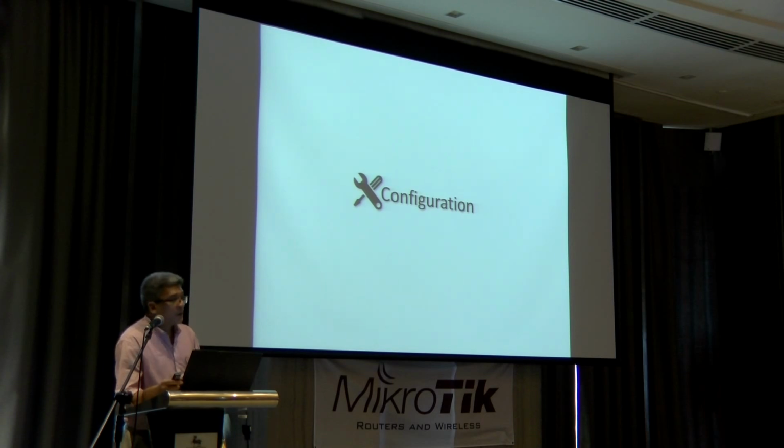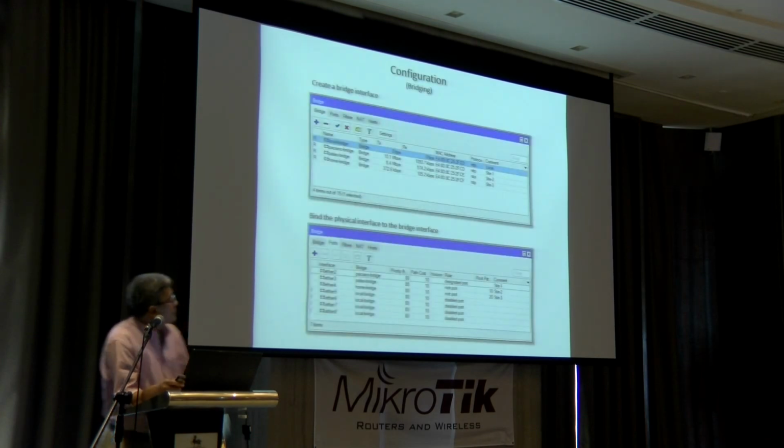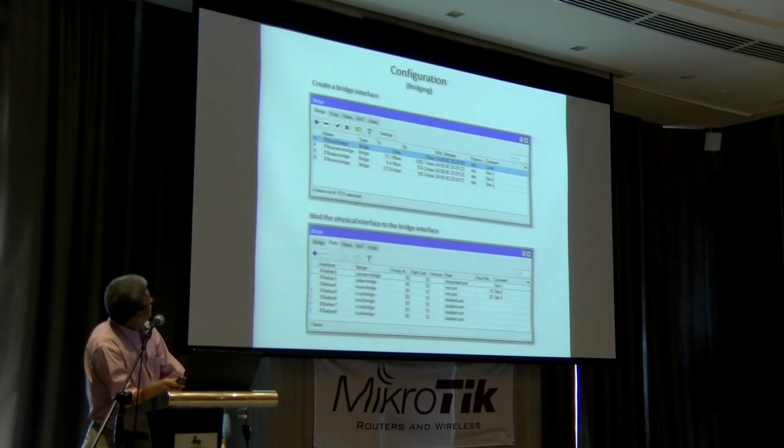I won't go into step-by-step configuration. Instead, the screenshot that I will show you has the column enabled where relevant specific settings are required. Here's the configuration. First, you create a bridge port interface, and then bind the physical interface to the bridge interface.